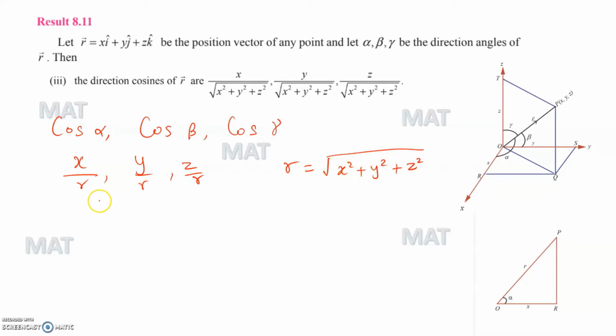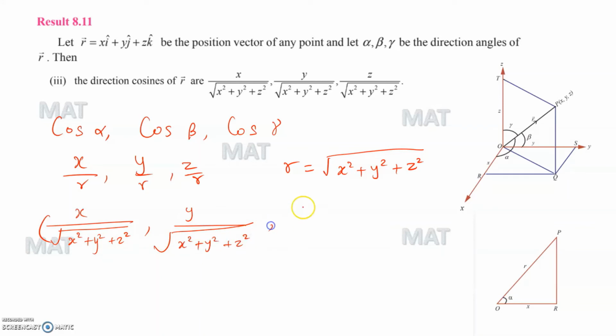So replacing this, we get x by square root of x squared plus y squared plus z squared, y by square root of x squared plus y squared plus z squared, and z divided by square root of x squared plus y squared plus z squared, as our direction cosines.